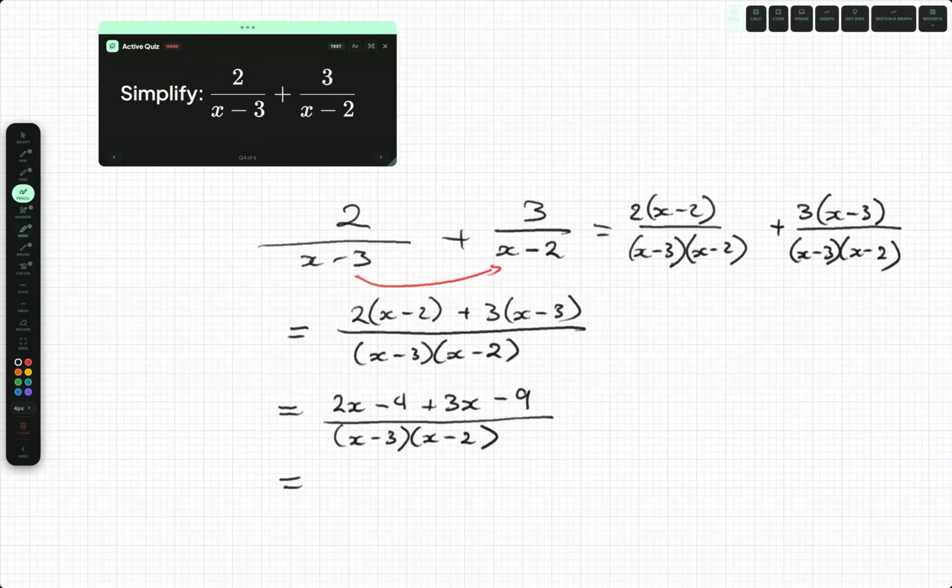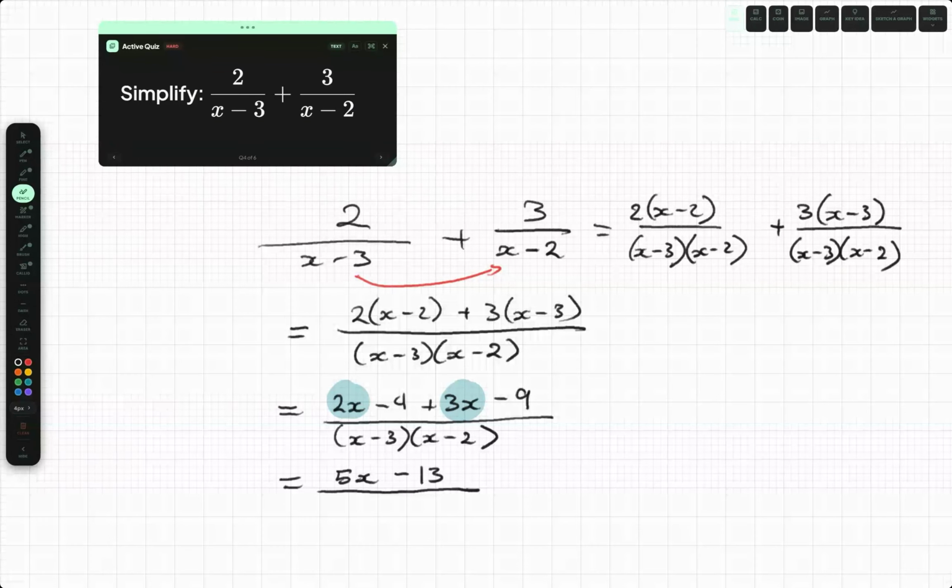In this one, our like terms are our two pronumeral values, and the rest are constants. So 2x plus 3x is going to be 5x, and minus 9 minus 4 is going to be minus 13, all over our x minus 3 and x minus 2. And that's our answer. There's no factor that we can take out there to make it simpler.